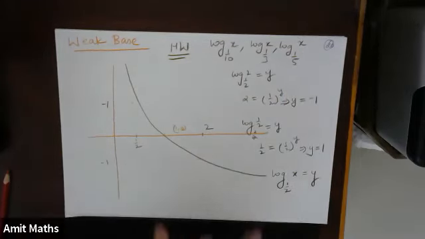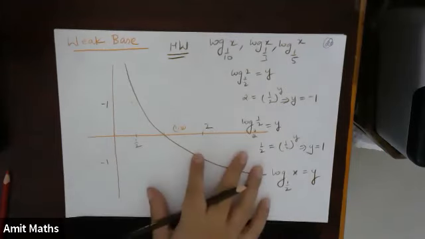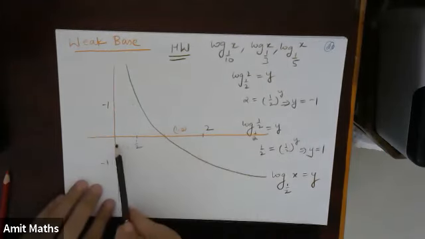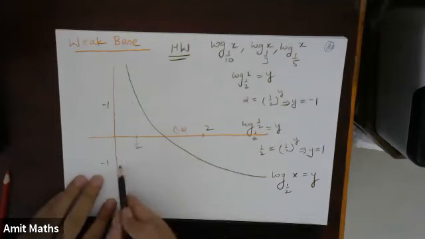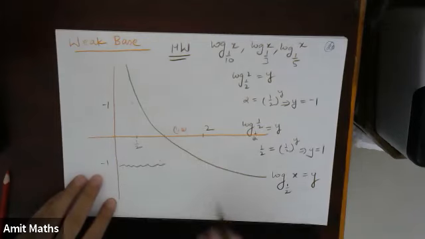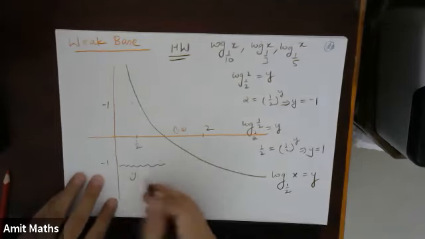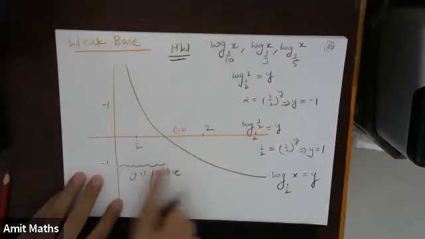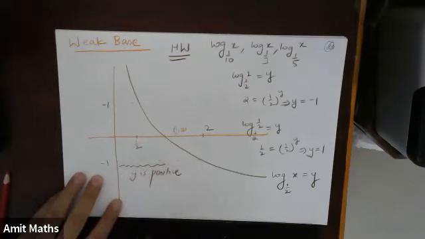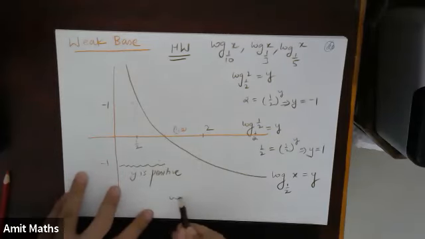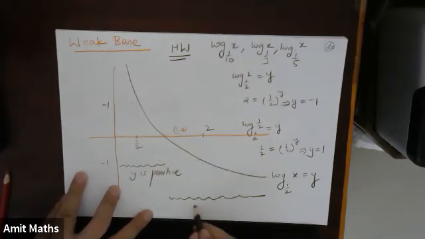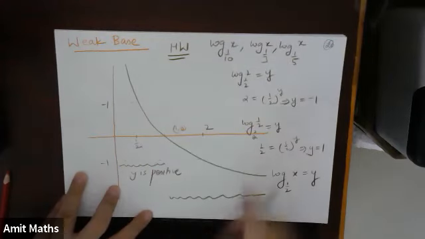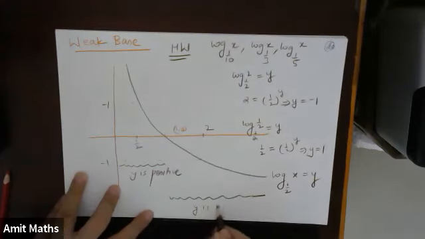Now one thing to observe here is that when x is between 0 and 1, y is positive. And when x is greater than 1, then y is negative.